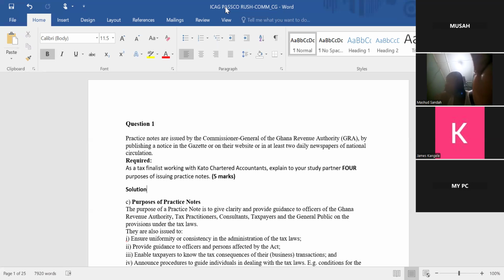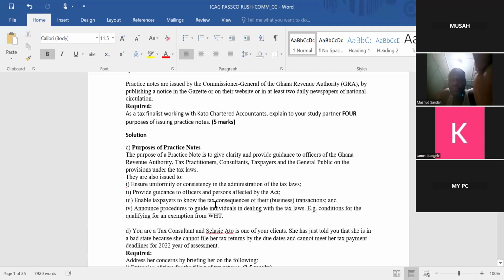So having given this background and having explained what a practice note is, let's look at the purpose. One is to give clarity and provide guidance to all officers of the Ghana Revenue Authority, tax consultants, and taxpayers. The Commissioner General issues a practice note in order to ensure uniformity and consistency in the administration of the tax laws.